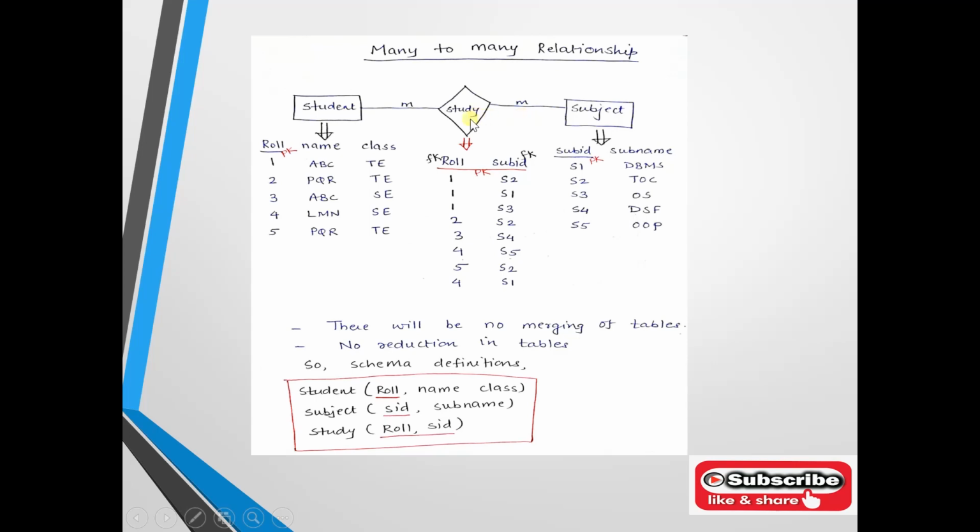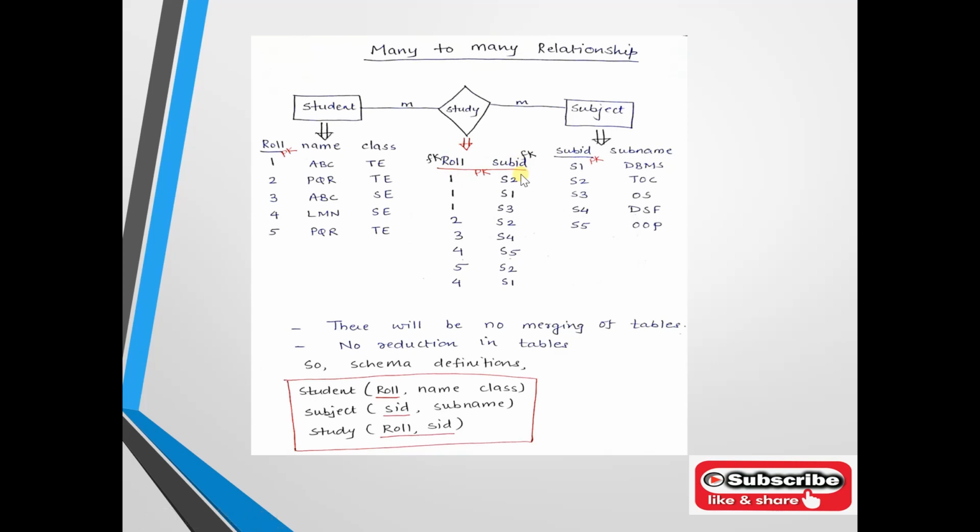So when we convert this study into a table, we have to refer to the primary key of this side and the primary key of this side. When we refer to the primary key of this side, roll number will act as a foreign key for the study table. Likewise, subject ID also acts as a foreign key for the study table. So the study table will contain two attributes, roll number and subject ID.